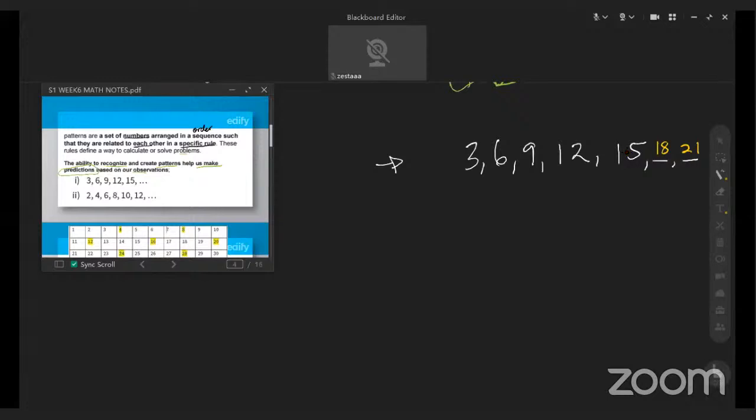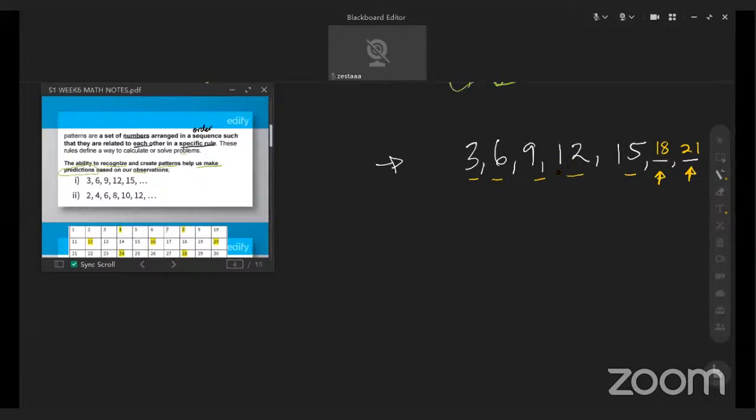How has he got 21? He has used the former numbers to predict these other 2 numbers. So what are we learning here? For now, we are not looking at how we come to the 18 and then the 21.